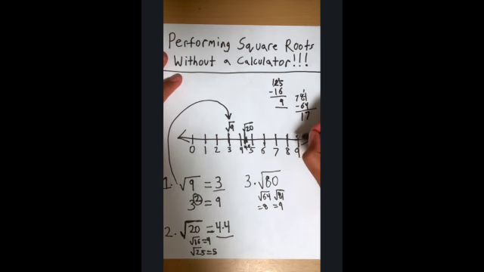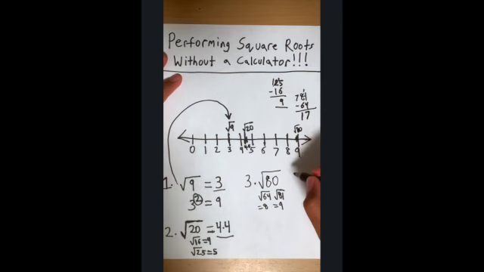So I'm going to put the square root of 80 pretty much right here, and I would say it's going to be around 8.96. That's what I'm going to estimate.